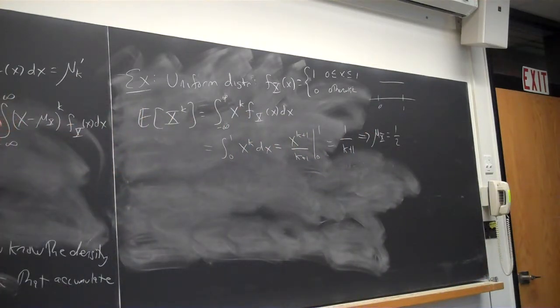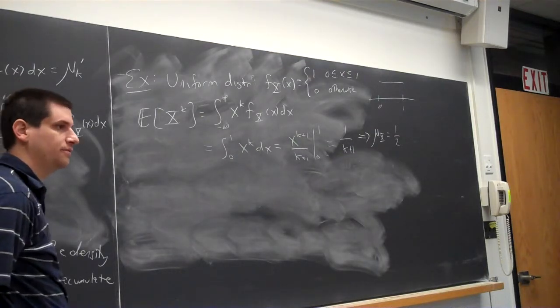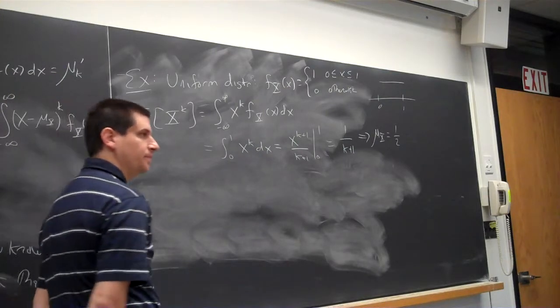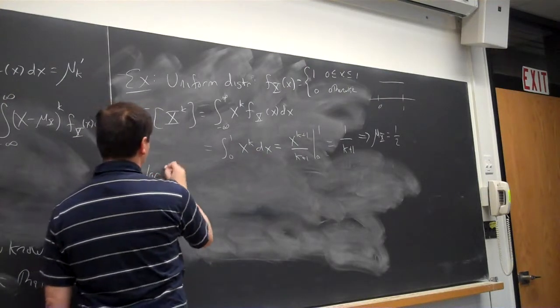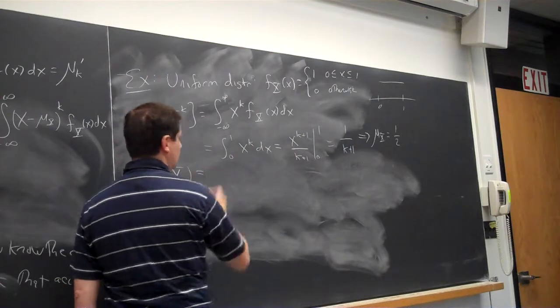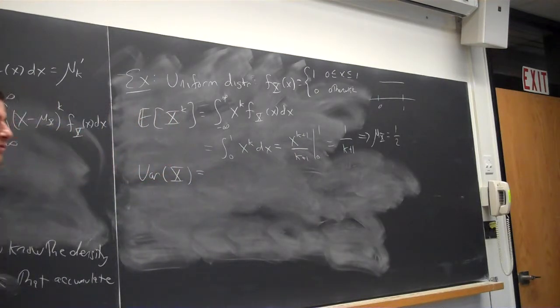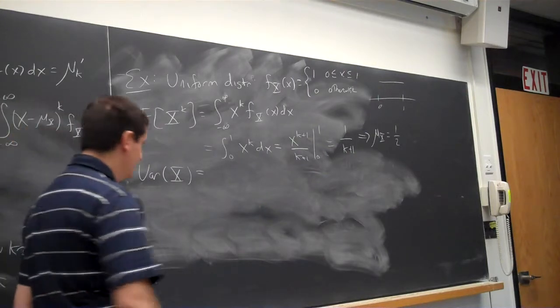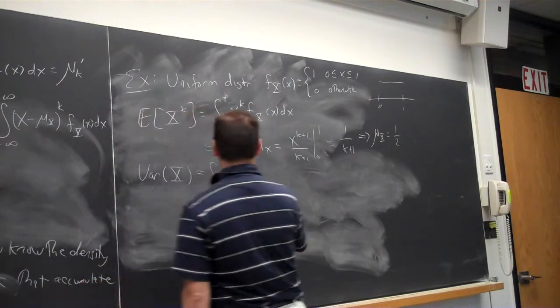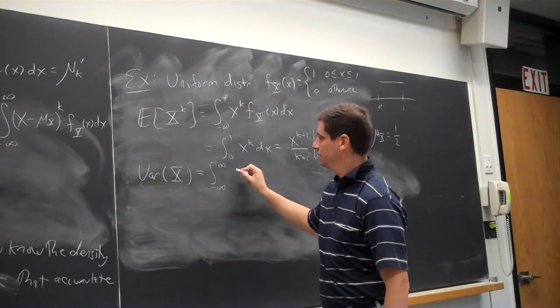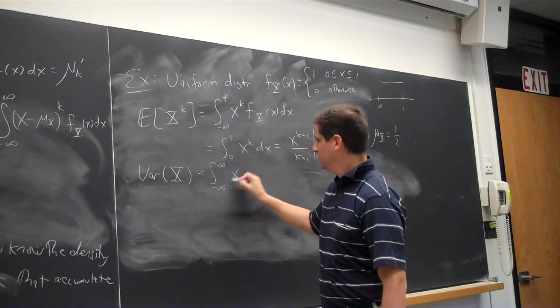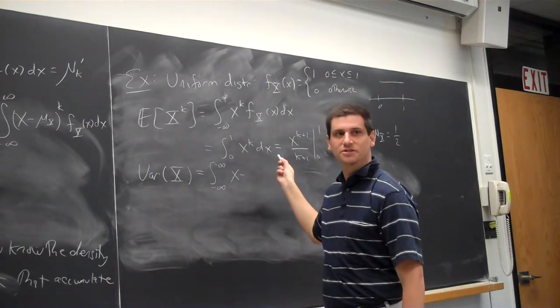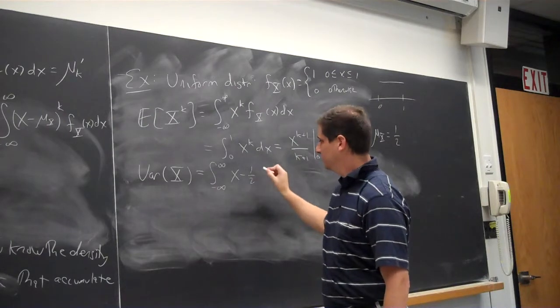How would I calculate the variance? What integral would I have to look at? So if I want to do the variance of x, what would I have to integrate? Yes? Integral from negative infinity to infinity. Yep. Of x minus mu, which in this case is 1/2, squared.